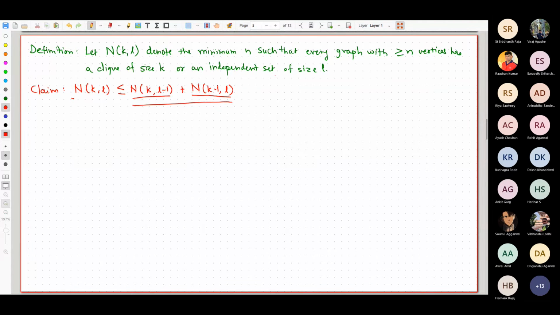But the minimum number of vertices required for this property could very well be less than or equal to this. So this is just an upper bound. Is there anybody in class who has not understood why I'm putting a less than or equal to over here and not an equal to?